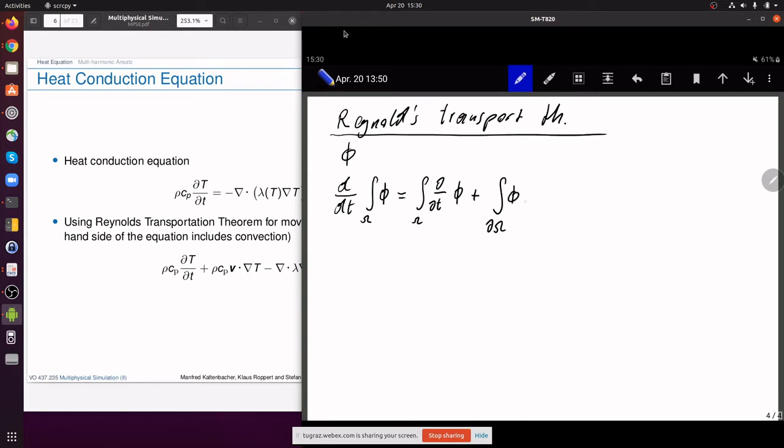So we have this phi times v in n. That's this v is the velocity of the quantity phi at the boundary.